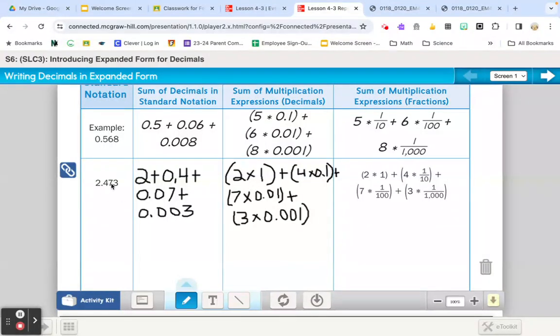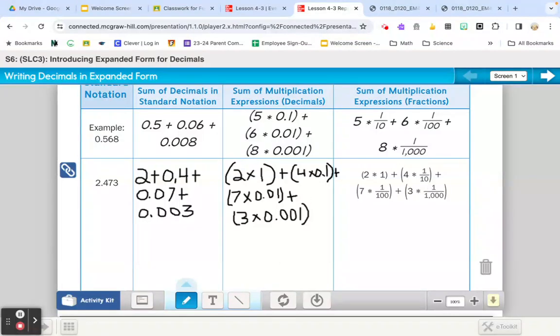So yep, we have a 7 in our hundredths place value. Again, if we put the correct amount of zeros and a 0 in our ones place, it looks like 100 backwards. And then our 3 in our thousandths place. If you look at the thousandths, there should be 2 zeros and then a 0 in your ones place. So it looks like 1,000 backwards. So that's another little nifty trick that works to check your work.